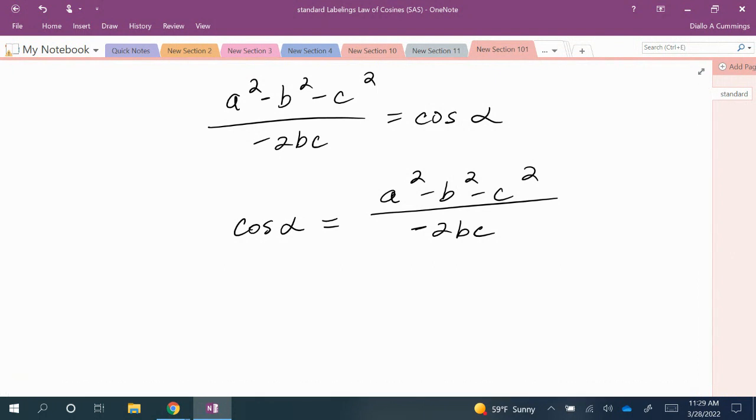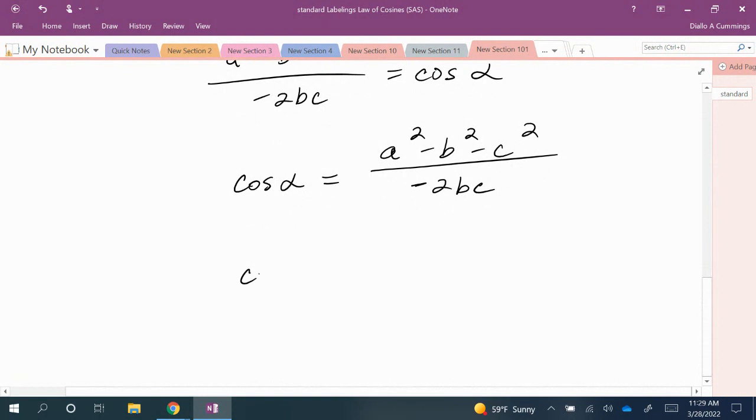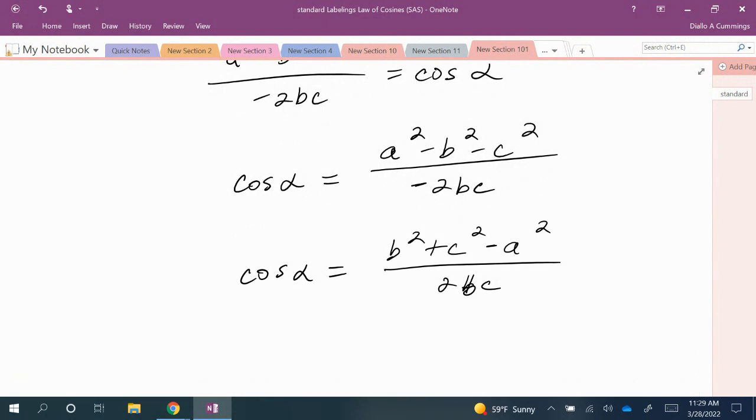The same thing happens for the c squared term: negative c squared divided by negative 2bc equals a positive c squared divided by 2bc. So I'm going to write it as such: the cosine of alpha is equal to b squared plus c squared minus a squared over 2bc. In essence, I have the exact same thing; the only difference is my denominator is now positive.